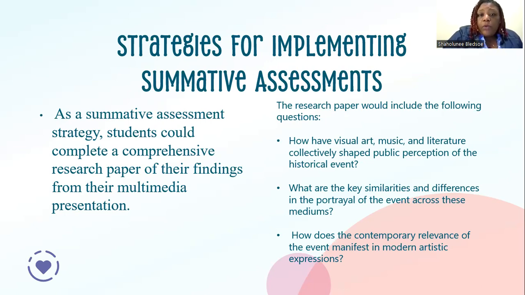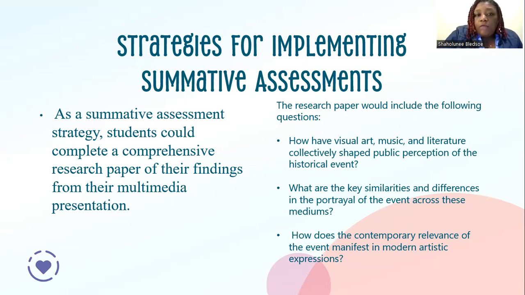The research paper would include the following questions. How have visual art, music, and literature collectively shaped public perception of the historical event? What are the key similarities and differences in the portrayal of the event across these mediums? How does the contemporary relevance of the event manifest in modern artistic expressions? So all of these questions matter because they all include all levels of depth of knowledge.